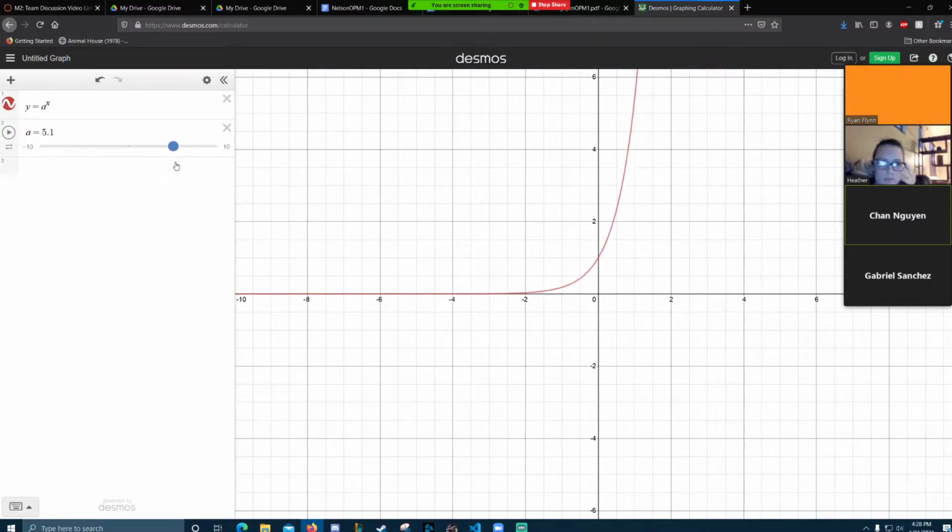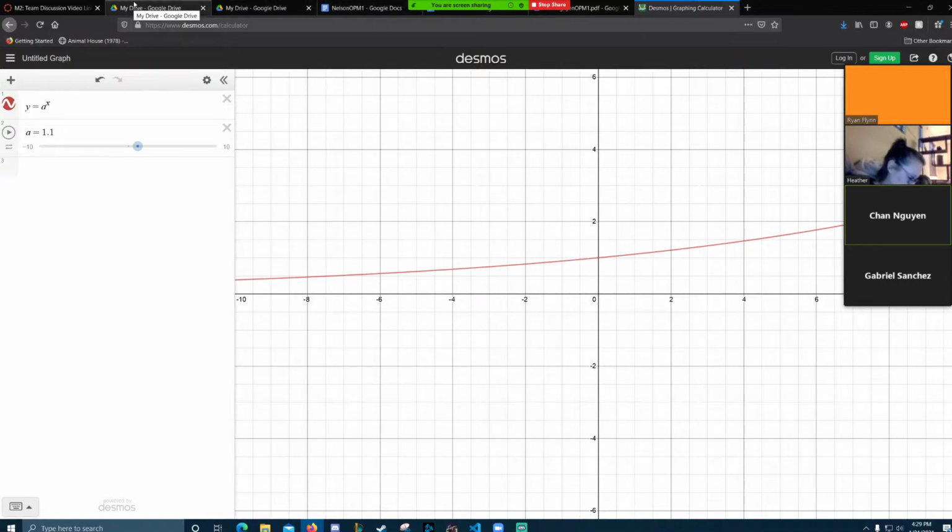Even once we get less than 1, it flips the graph, but it still never goes past 0. I think you just got it mixed up with the domain instead. Okay, thank you, I get it now.